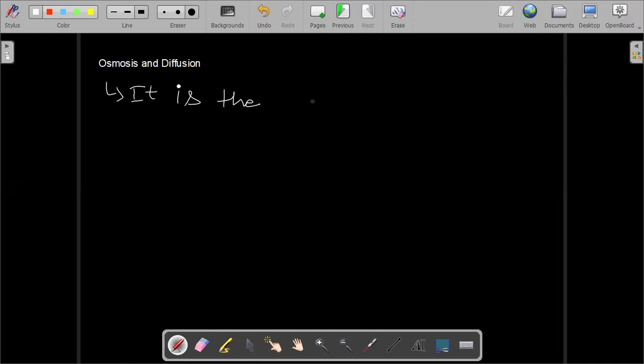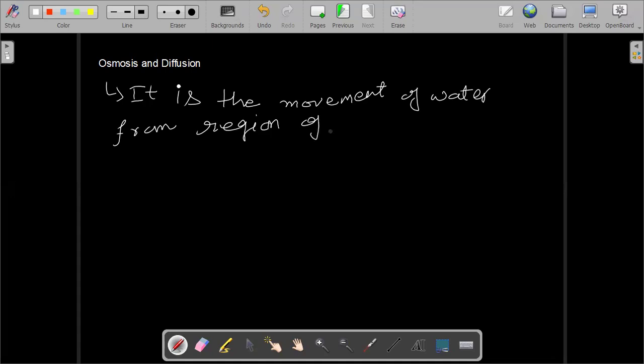Generally the solvent is water, so I can write it as the movement of water molecules from a region of low concentration to high concentration.